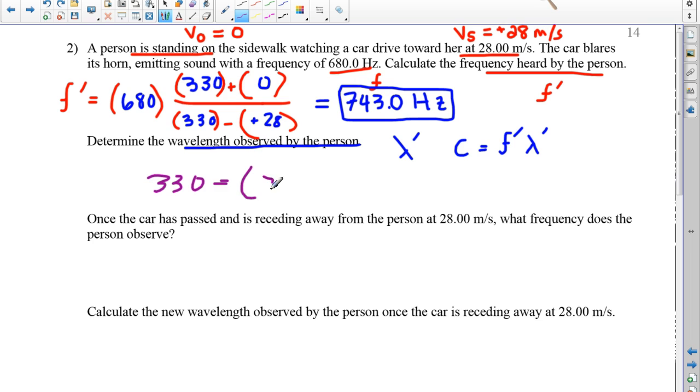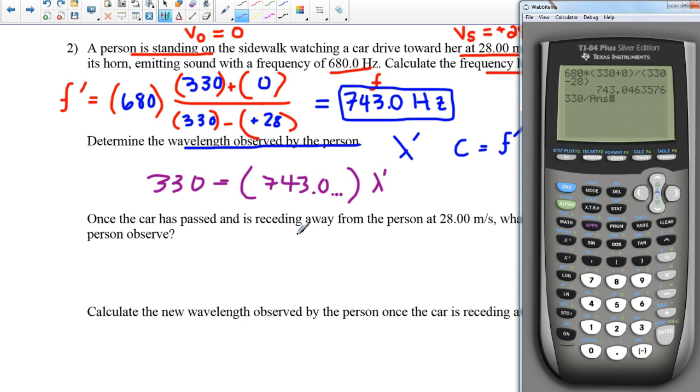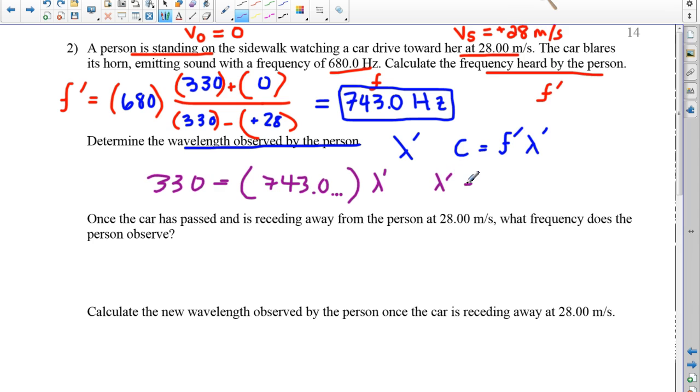The frequency we just found, 743.0, keep those extra digits, and you solve for lambda prime by dividing. I divide 743 by both sides, and I get 0.4441. Lambda prime is 0.4441 meters.